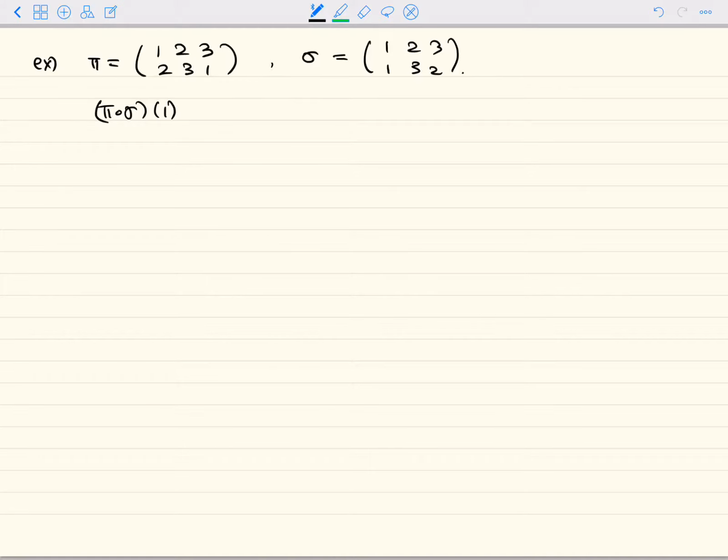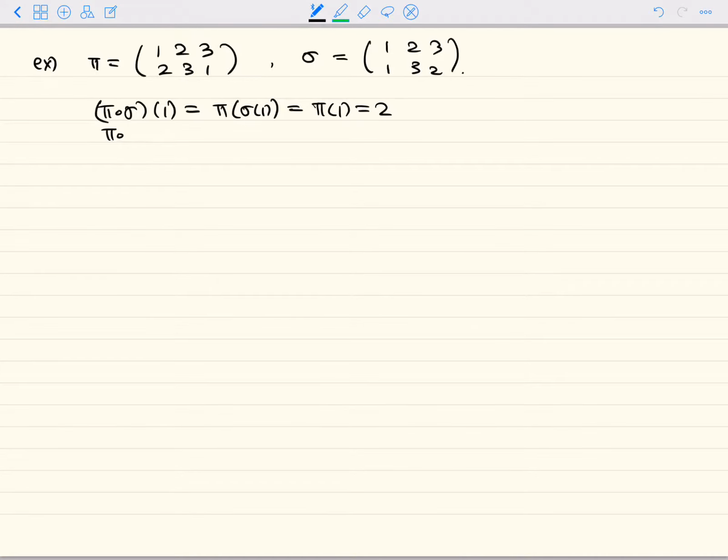So let me give you an example. If pi is in two-line notation 1, 2, 3 over 2, 3, 1, and sigma is 1, 2, 3 over 1, 3, 2, then consider pi circle sigma, the composition of them. To compute this, we use just the definition. We first compute sigma(1) equals 1, so it's pi(1) equals 2.